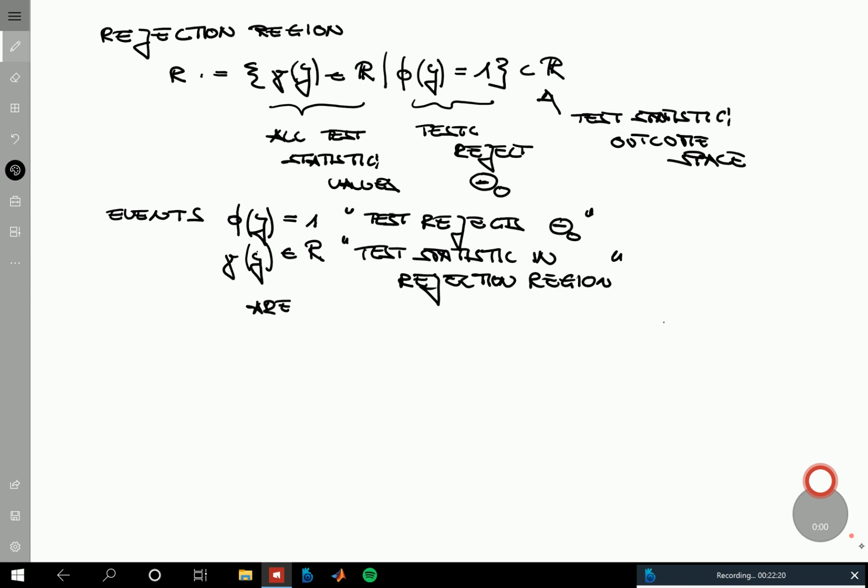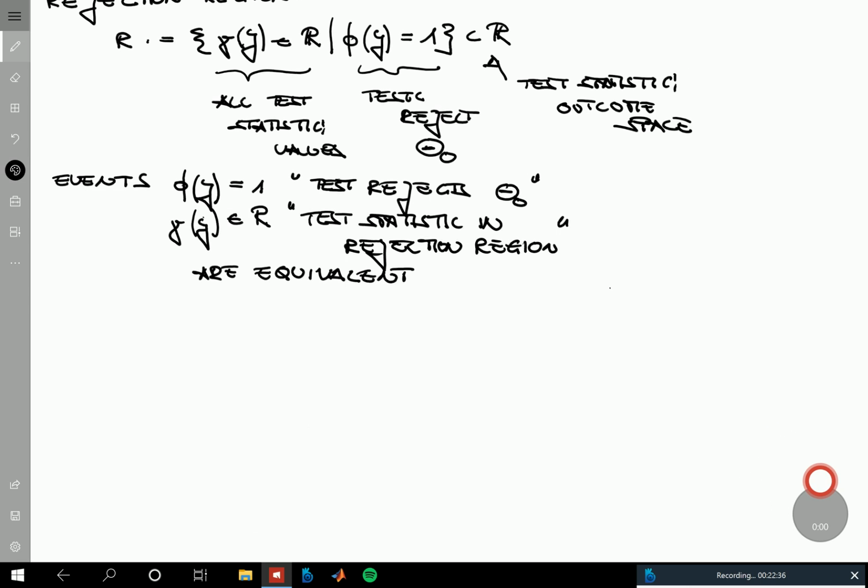So it's essentially the same event and hence equivalent. These two events have the same probabilities. Yeah, so the probability that the test statistic is in the rejection region is the same as the probability that the test rejects the null hypothesis.